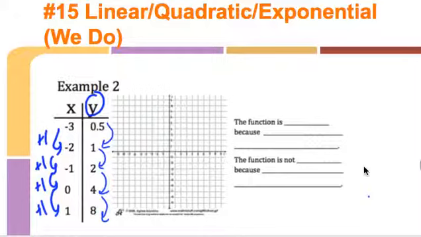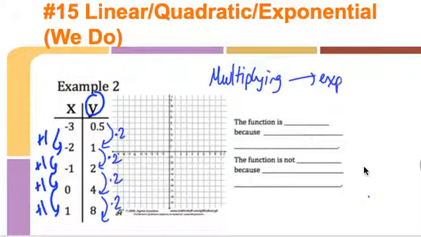Now when I look at this, I recognize that this is multiplying by 2 every time. 0.5 multiplied by 2 gives me 1, 1 times 2 gives me 2, 2 times 2 gives me 4, and 4 times 2 gives me 8. So this function, remember multiplying constantly, is going to be exponential.